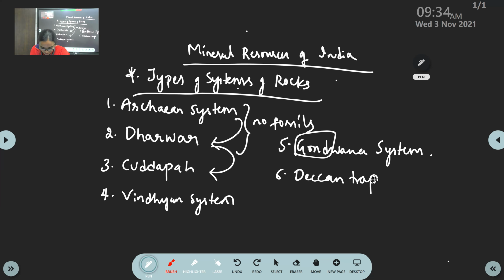The volcanic action in peninsular India created this system of rock. It is mainly made up of which rock? Basalt. Remember, weathering of basalt leads to black soil.